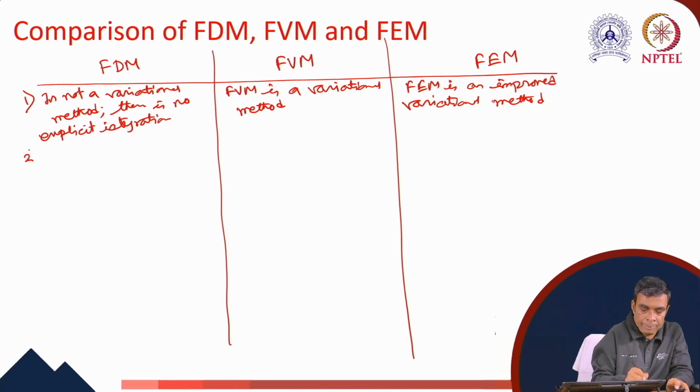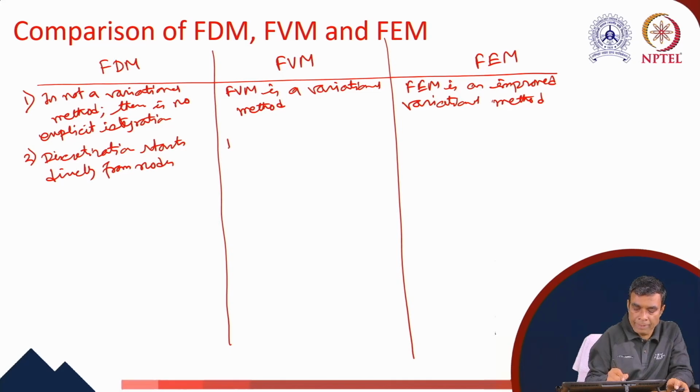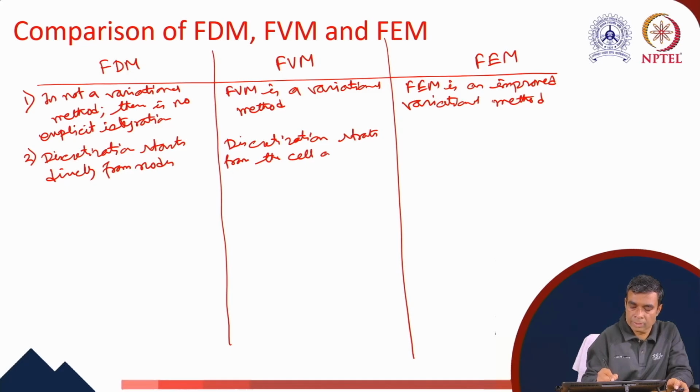In FDM, discretization starts directly from nodes. In FVM, discretization starts from the cell and ends at nodes.